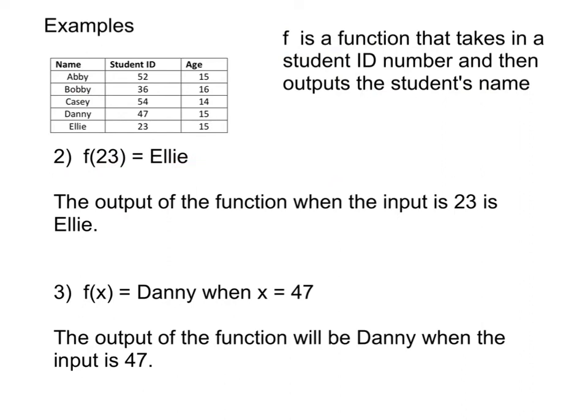For the third, our output is going to be Danny when the x value is 47, or f of x equals Danny when x equals 47. Again, what does that mean? The output of our function is going to be Danny when the input, the x value, is 47. So please make sure you have that in your notes.